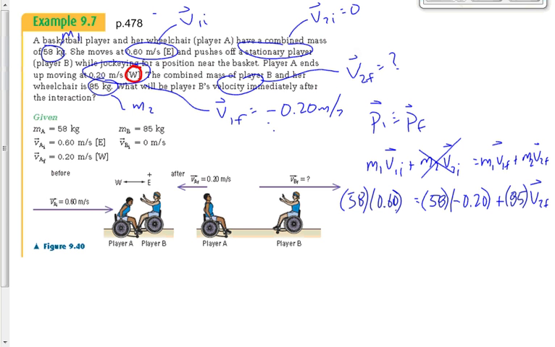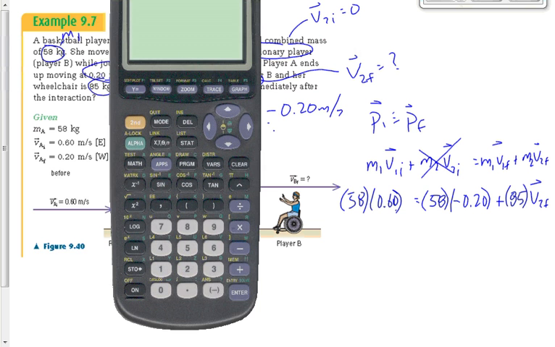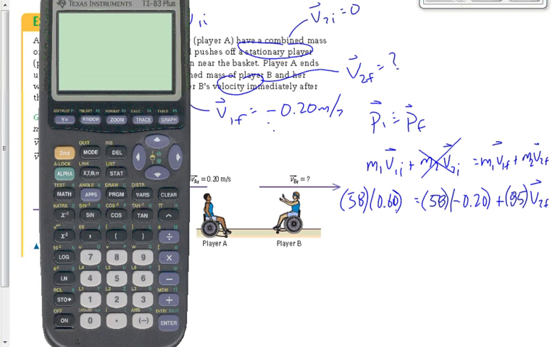Okay, let's do the math on this one now. I'll pull out the calculator because it's a little bit more complicated than the last one. We're going to say 58 times 0.6 on the left-hand side gives me 34.8. Now let's add to that, use some brackets, 58 times 0.2.